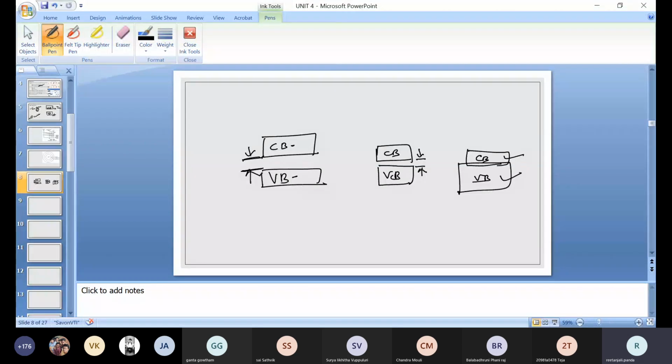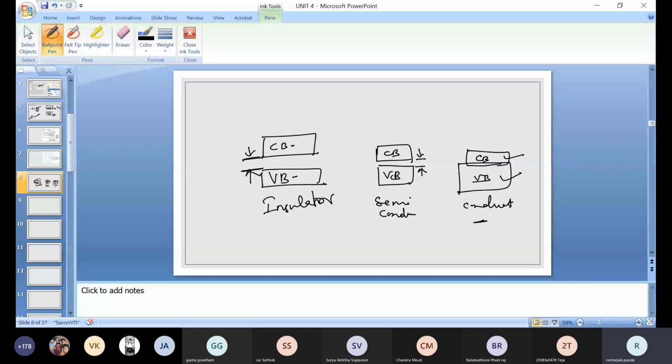Because of that, this will be an insulator, this will be a semiconductor, and this is a conductor. This is the energy band theory, and based upon this we have divided materials into these three types. As I told you, conductors are those which let the current pass through because of the presence of free electrons.